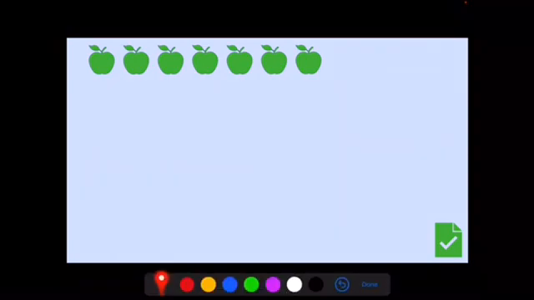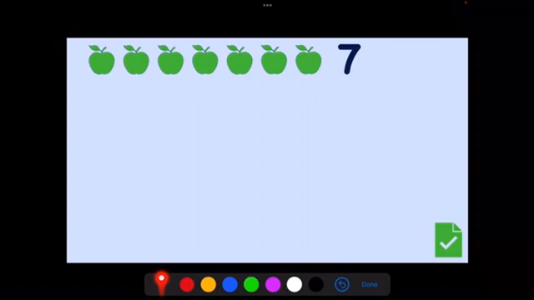Now this picture tells us a lot about the word we are going to write. You can see from this symbol that we are going to give the word a spelling language. And here we are going to count the apples to find out the word. 1, 2, 3, 4, 5, 6, 7.